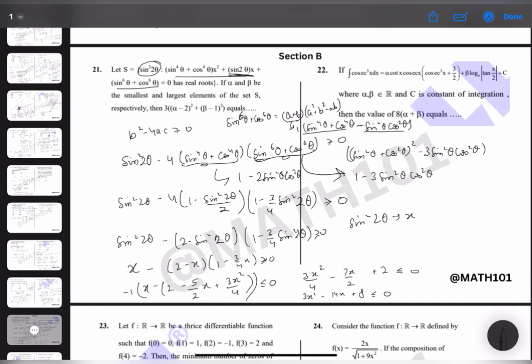So its discriminant is positive. We'll plot it at x equals to 0. This is equals to 8. Its minimum value is achieved at minus b by 2a, which is 7 by 3. At 0 it is 8. At 7 by 3 it achieves a negative value, and then its minimum is 7 by 3 comma something, and 0 comma 8.